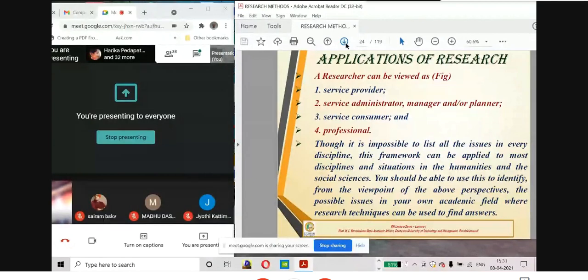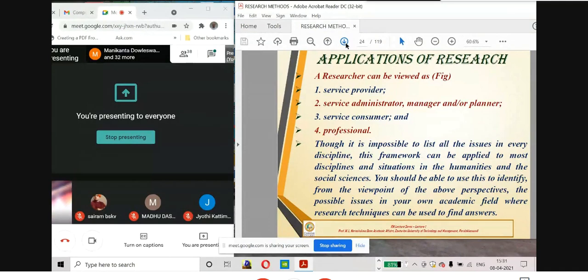So, a researcher can be viewed as a service provider, as an administrator, as a consumer, and as a professional. So, there are four different perspectives in which a researcher can be viewed.